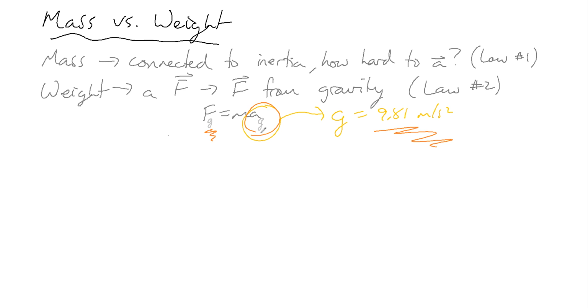Everything falls and accelerates at 9.81 meters per second squared when you're not including drag and air resistance. We'll worry about some of that later on. So let's look at some classic physics scenarios where the force of gravity is used to move different things.